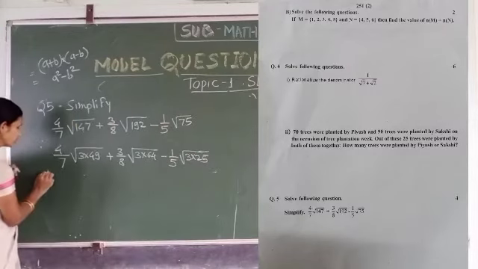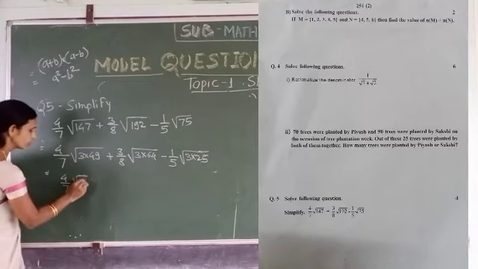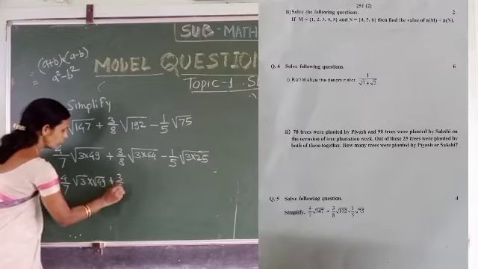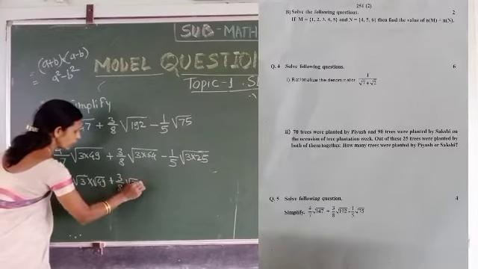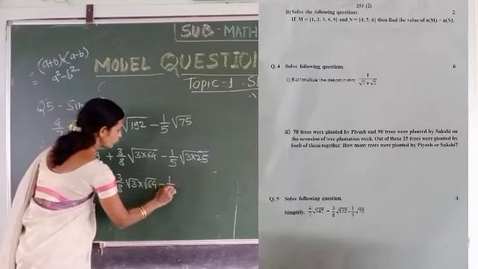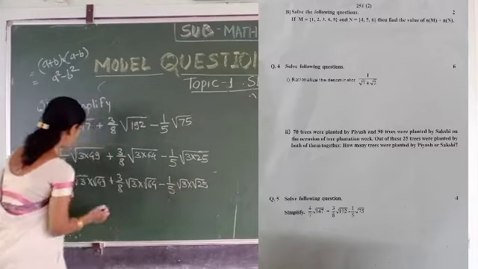Then we can write this as 4 upon 7 root 3 into root 49 plus 3 upon 8 root 3 into root 64 minus 1 upon 5 root 3 into root 25.